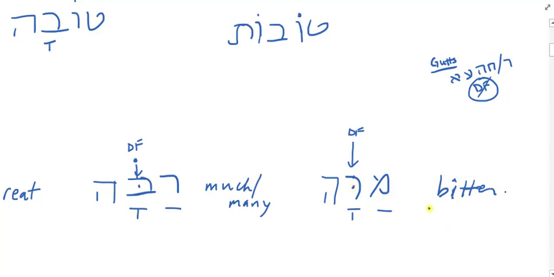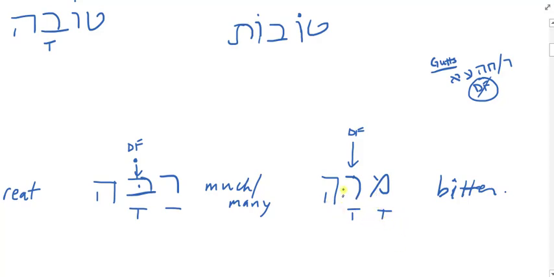Is that okay? No, because resh is part of the guttural gang, so it will reject the dagesh forte. And what will happen to the short patach to compensate for the loss of the dagesh forte here? It will lengthen. So mar with a short a becomes mara with a long a under the mem.